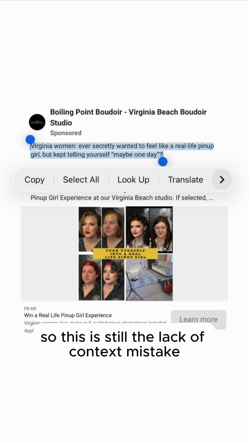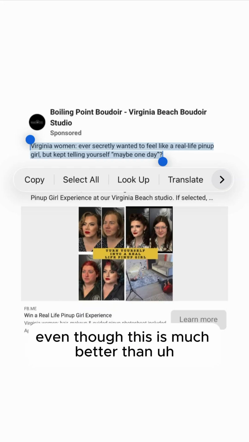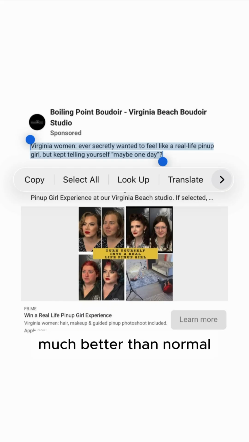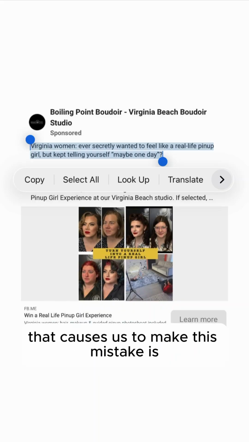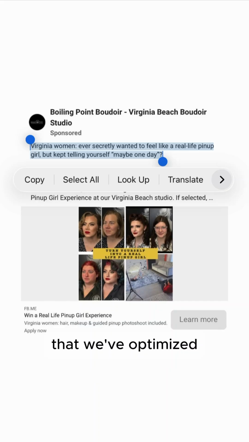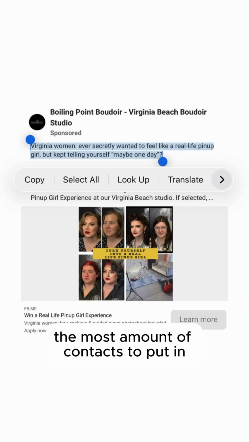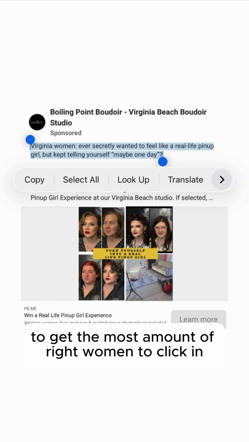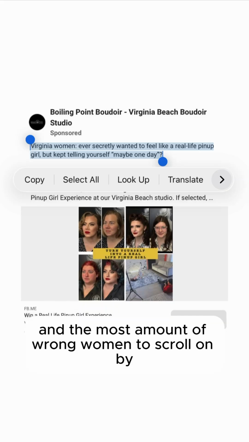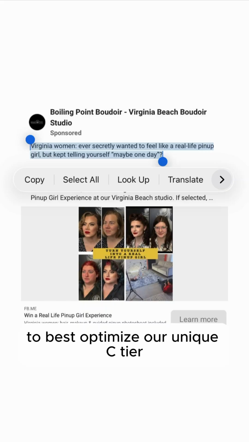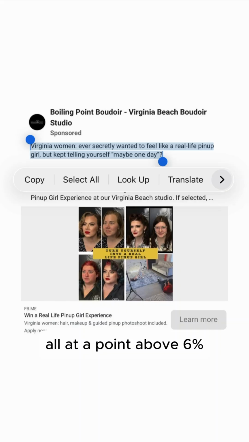So this is still the lack of context mistake, even though this is much better than normal. The false belief that caused us to make this mistake is that we've optimized the most amount of context to get the most right women to click in and the most wrong women to scroll on by, to best optimize our unique CTR at a point above 6%.